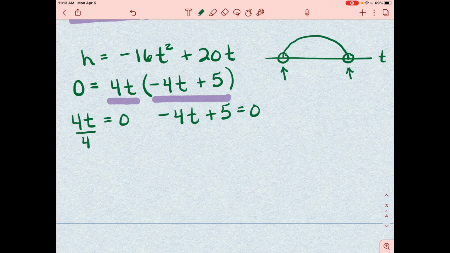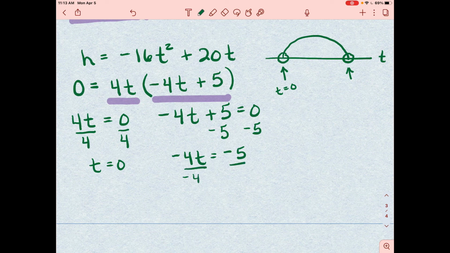Dividing by 4 to get t by itself, I get t equals 0. Look at that. Time was 0 when she jumped. So our whole equation is talking about when she started on the ground and then she jumped up through the hurdle. And then let's finish this. Messy numbers.